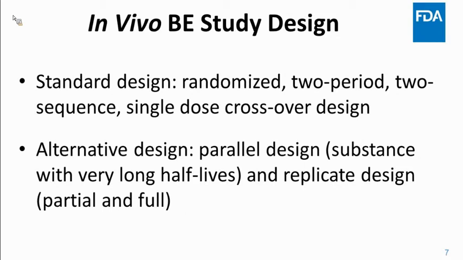FDA recommends a single dose, two-way, two-treatment, two-period, two-sequence crossover study for most drug dosage forms that release drug intended to be systemically available. However, crossover study may not be practical for drugs with longer half-life, like more than 24 hours.